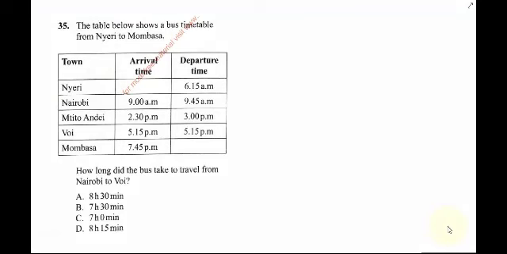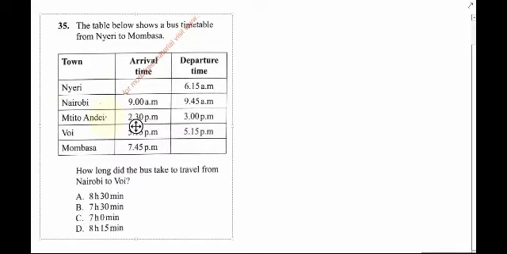Okay, so this question says the table below shows a bus timetable from Nyeri to Mombasa. Now, that's the table. So the question says, how long does the bus take to travel from Nairobi to Voi? Now, in order to solve this, notice from Nairobi it will move to Ande, then to Voi.